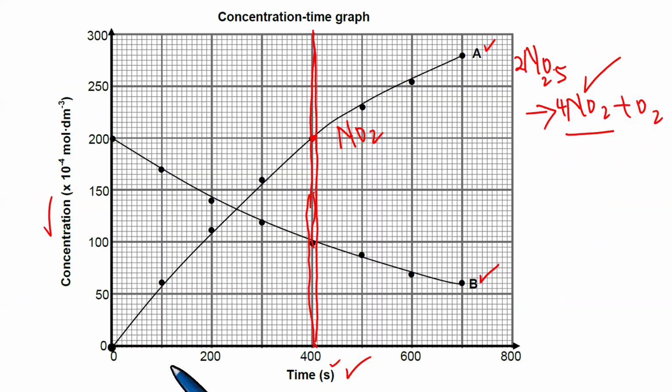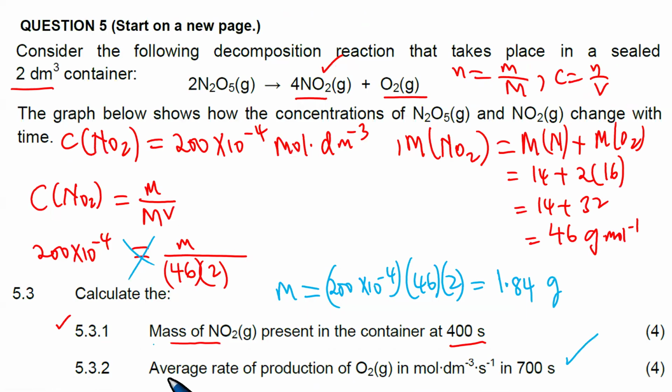700 seconds. Let's just check here. This is 200, so this is halfway, like 100 more. So it is 200, then you add 100 more, you get 300, then 400, 500, 600, 700. I'm mentioning that because they are saying calculate the average rate of production of oxygen gas in moles per cubic decimeter per second in 700 seconds.